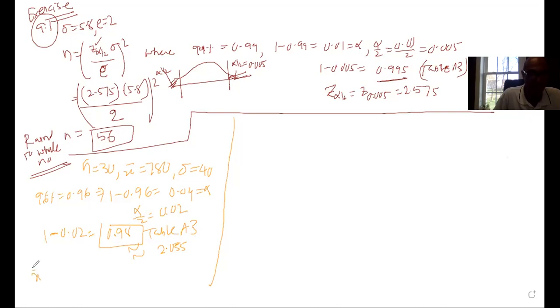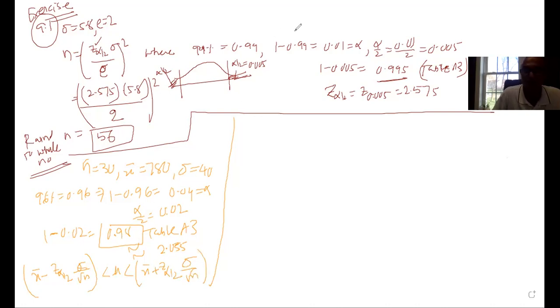Thereafter you can plug this value in the formula. The formula is X bar minus Z alpha by 2 times sigma over square root of n, less than mu, less than X bar plus Z alpha by 2 times sigma over square root of n.